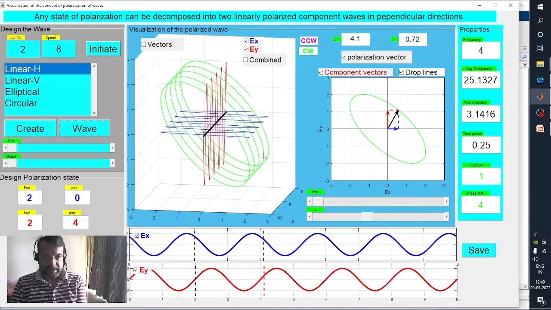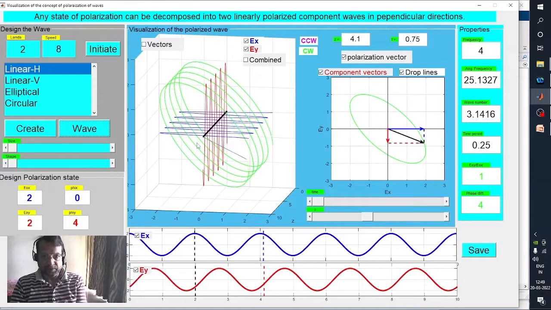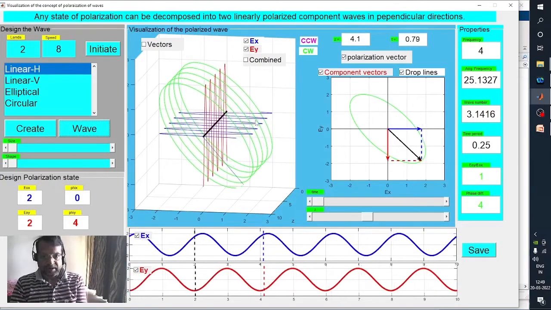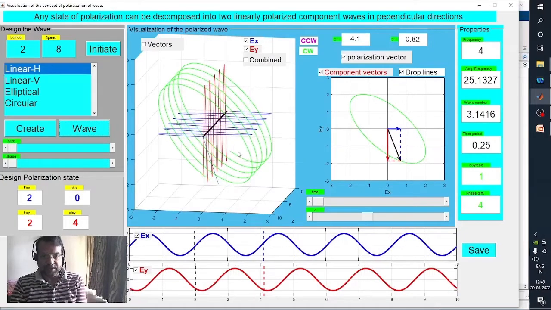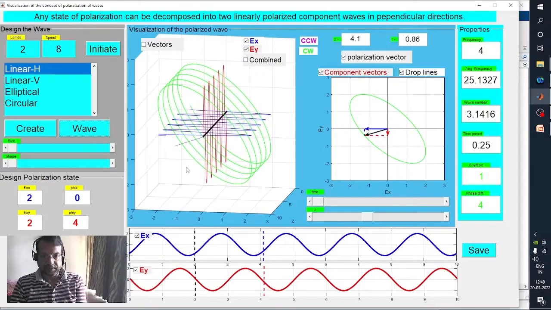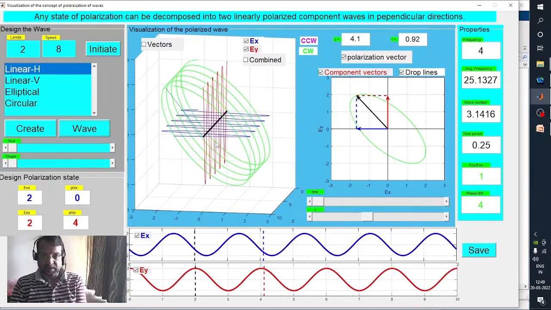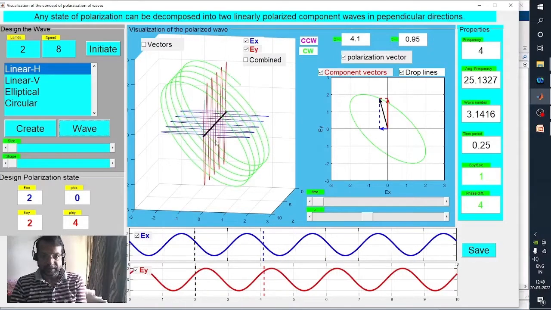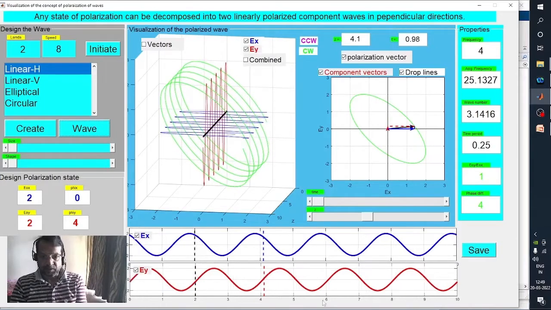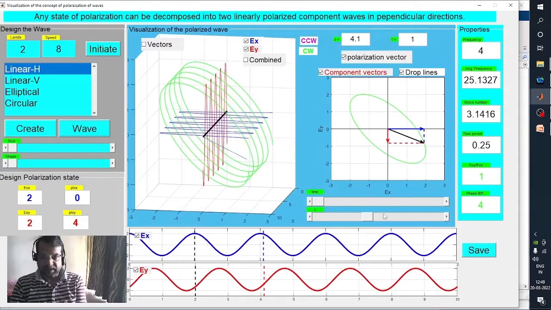So the 3D diagram is more difficult to understand. Nevertheless, this is what actually happens. The green wave is the actual field, and their components can be visualized in red and blue. It is more instructive to look at the two-dimensional graphs and the polarization graph.